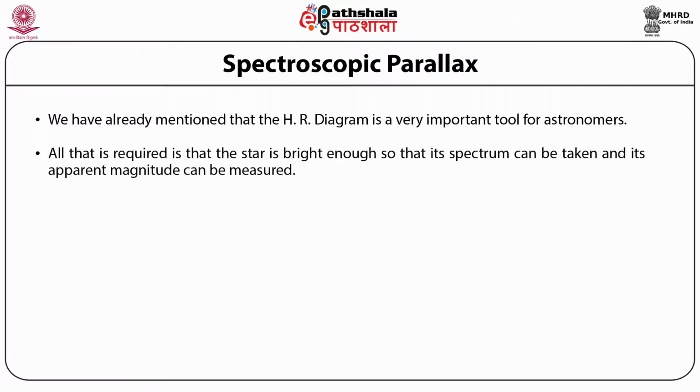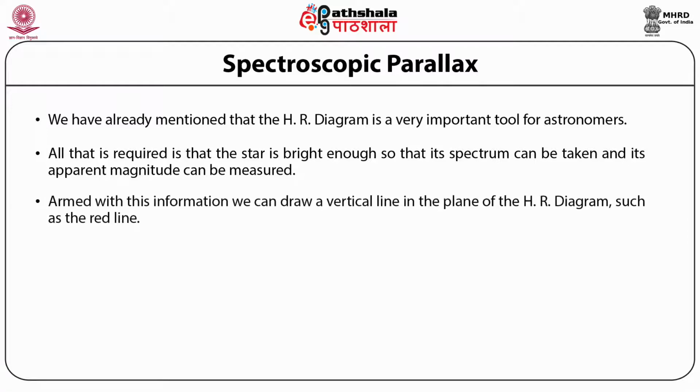All that is required is that the star is bright enough so that its spectrum can be taken and its apparent magnitude can be measured. The spectrum of the star allows us to determine its spectral class.